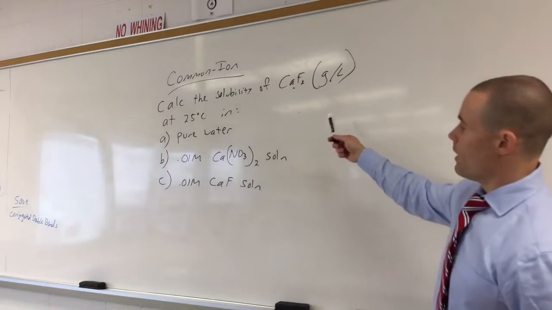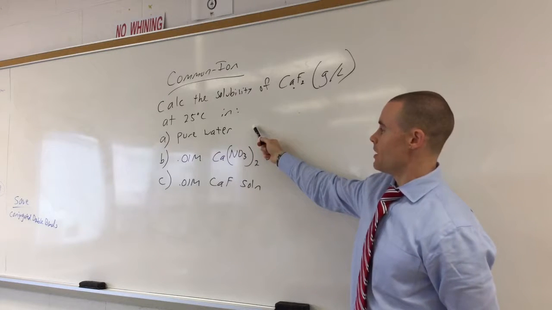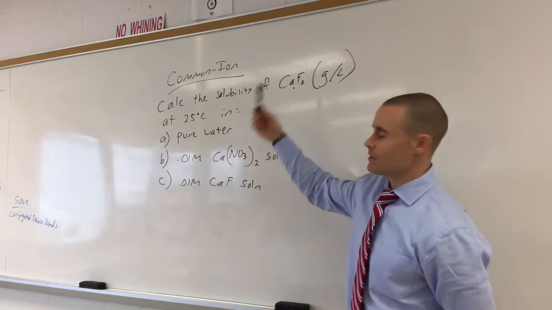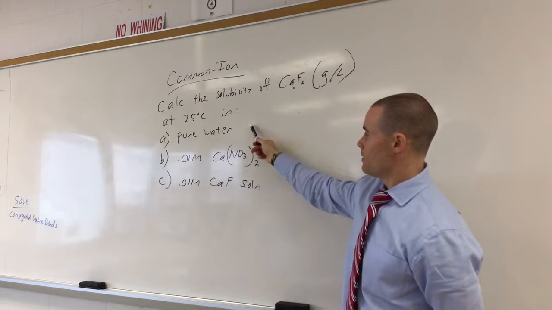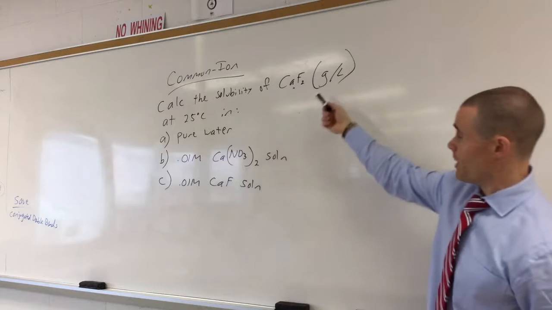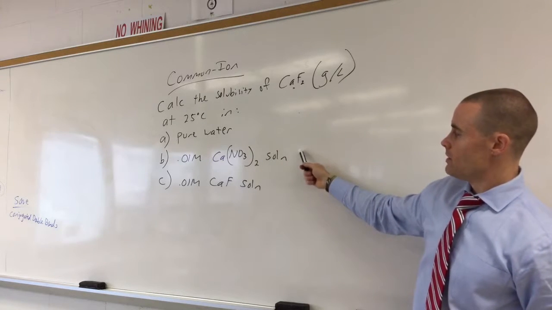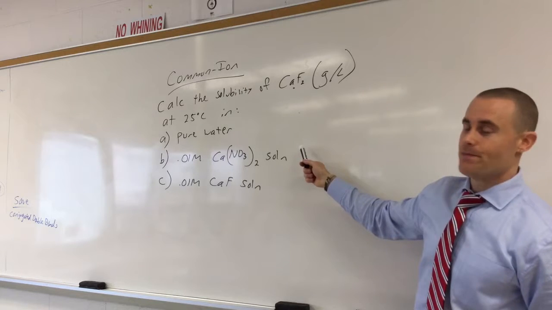But part A, all you're solving for is the x in the Ksp ICE table. S, x, whatever. We did that before. So if you flip back in your notes, you can find a problem like that. I might have even done that, I don't remember.